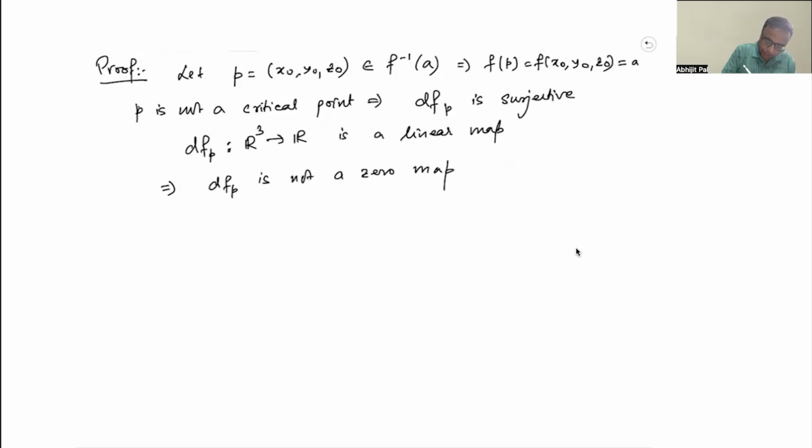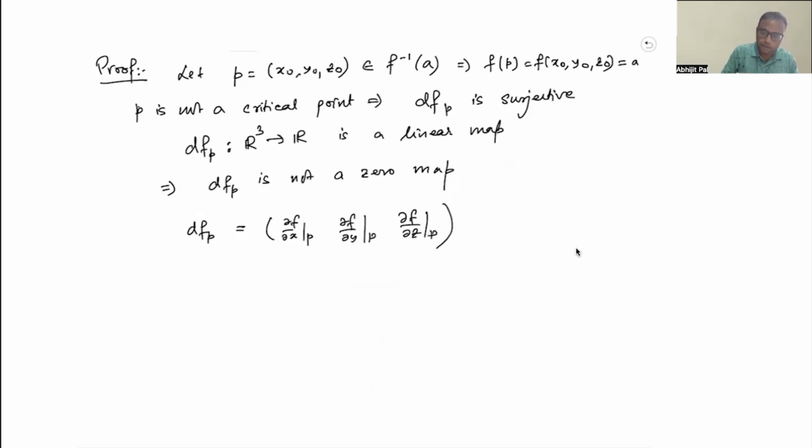Okay, so this means that if I take d f, the matrix of this is del f by del x at the point P, del f by del y at the point P, del f by del z at the point P. Okay, so just take the gradient of f.